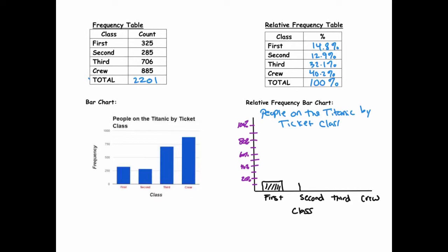Should be a little less. Third, 32%, so that would be roughly here. And again, I wouldn't get too bogged down in how accurate you're being, only because this is just to give us a visual representation of this data. And then the crew makes up about 40.2%, so that should be here.